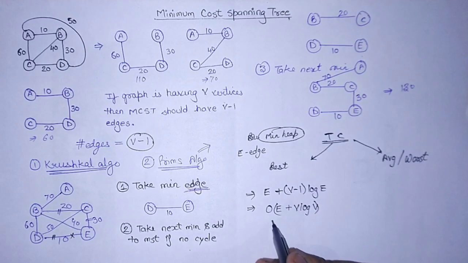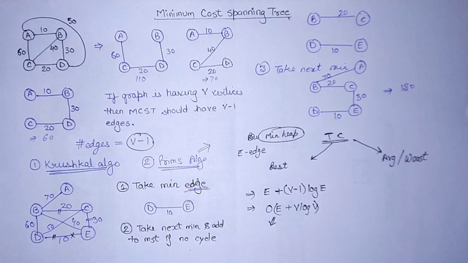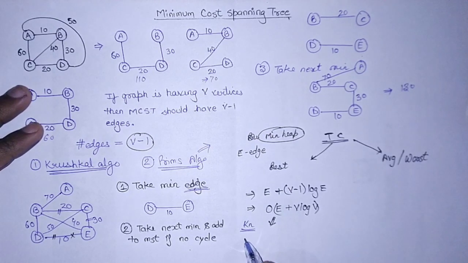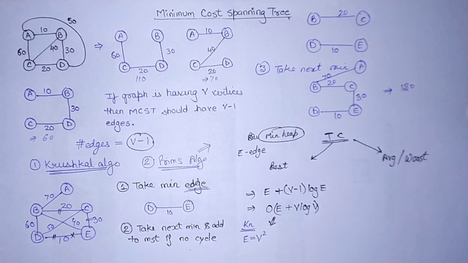Now let's discuss one more thing: if it is a complete graph, we represent the complete graph as K, and we know that the number of edges will be equal to V square.